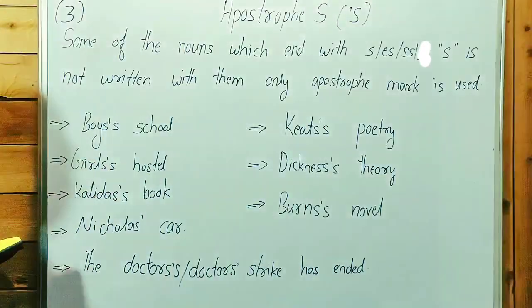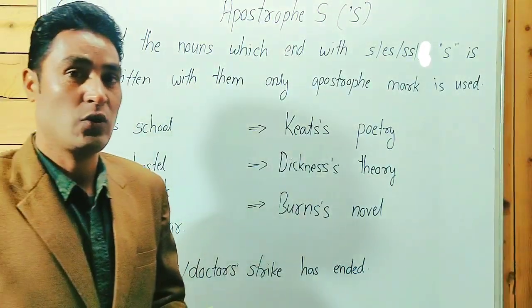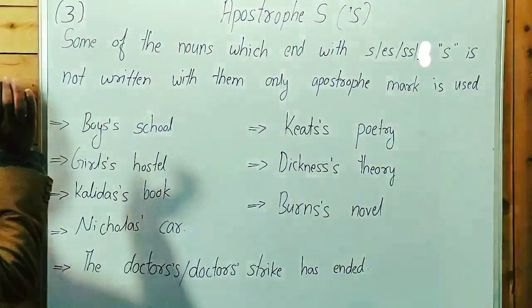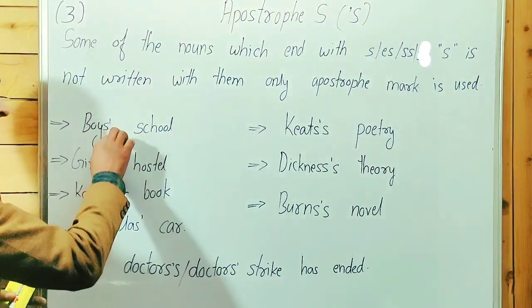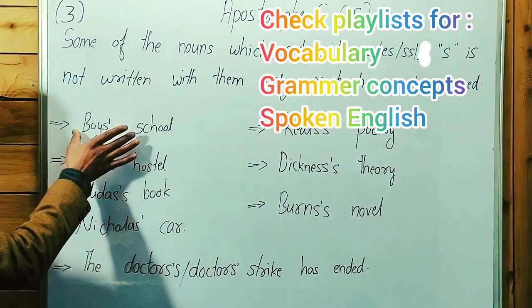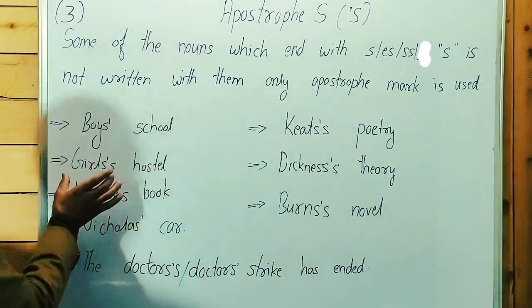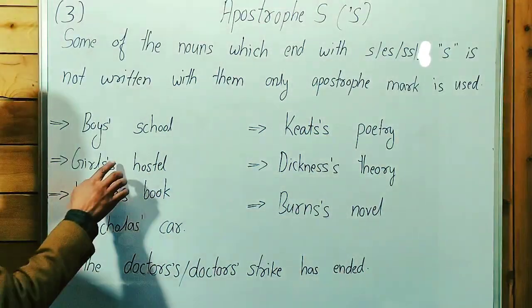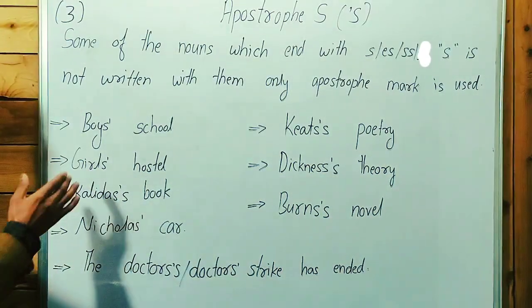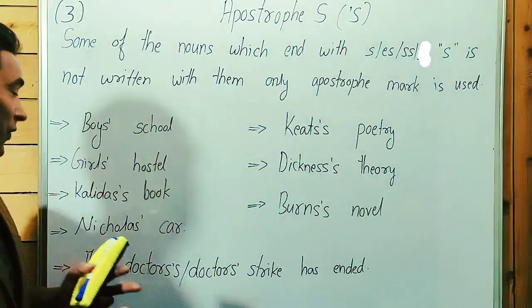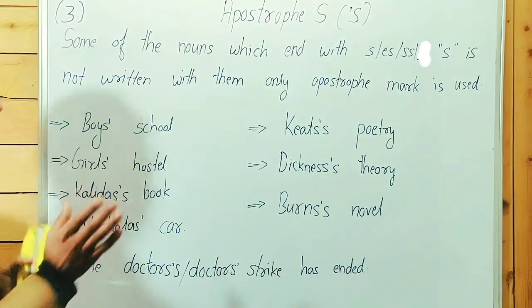Boys' school. You don't say boys's school. We have to omit, we have to drop s. No, it's a correct phrase. Boys' school. Girls' hostel. No, we say girls' hostel. Without s. Only the apostrophe mark. Kalidas's book.